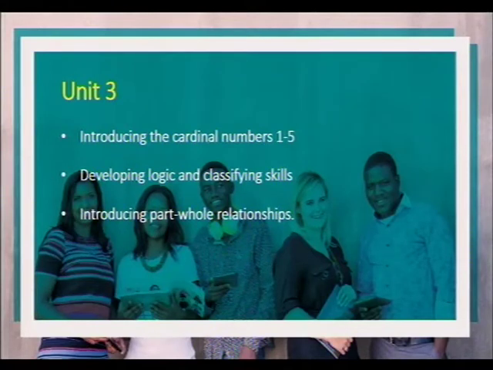And the last number is the number of objects in the set. Now when it comes to cardinal numbers, if I count up to 5, it means there are only 5 objects. But for ordinal numbers, if I count 3 objects, it does not necessarily mean that there are 3 objects. I only stopped on the 3rd object. Take note of that, because most of you have problems with the difference between the two. You know what each is, you know how to define it, but 1, 2, 3 and first, second, third are not the differences.